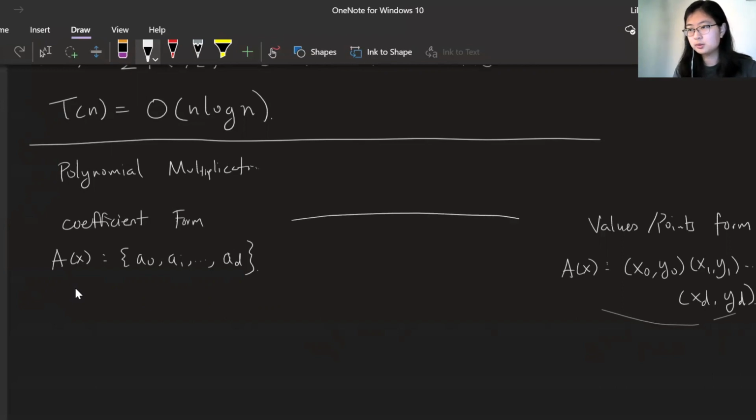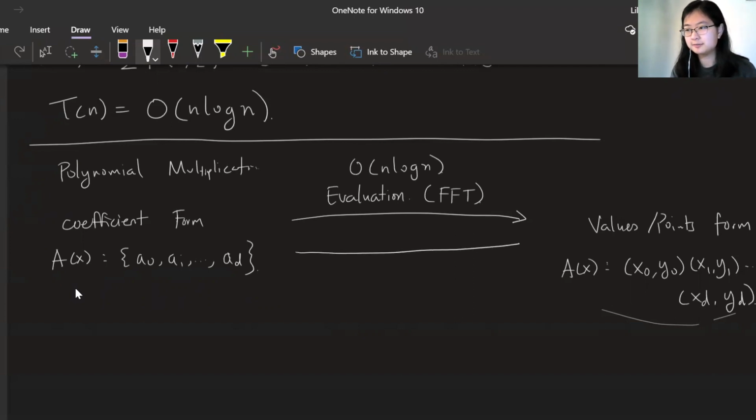Okay, so we want to build a bridge here. And this is our evaluation scheme. And remember, this whole process of FFT that we're talking about here is this evaluation scheme. And this is done in time n log n. All right. Now, we haven't covered this, but the inverse FFT takes values form to coefficients form, and it's called interpolation.